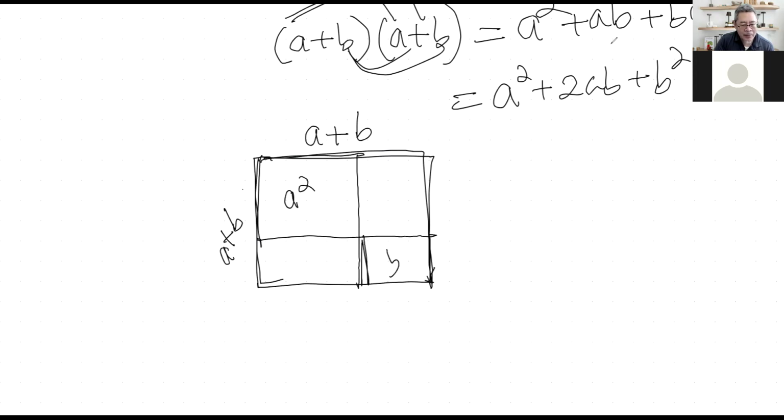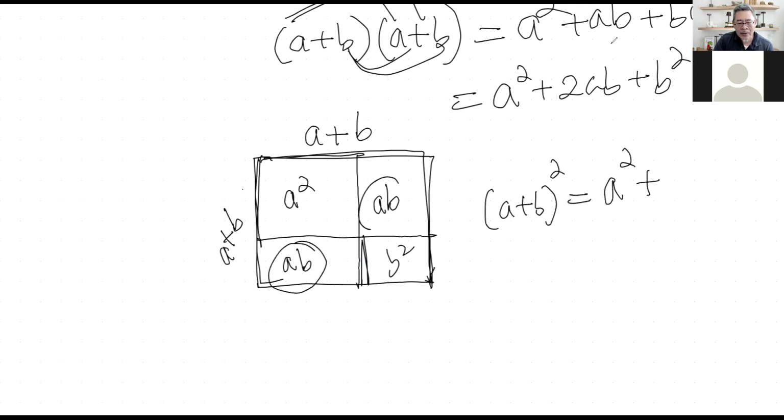And this is a times b, this is a times b. So therefore, a plus b squared is a squared plus 1, 2ab plus b squared. Does that make sense?